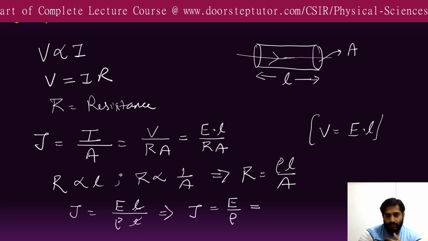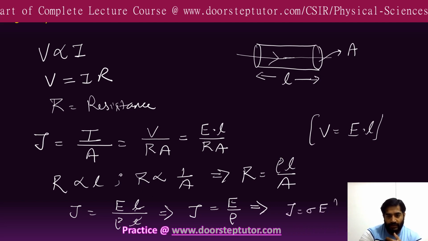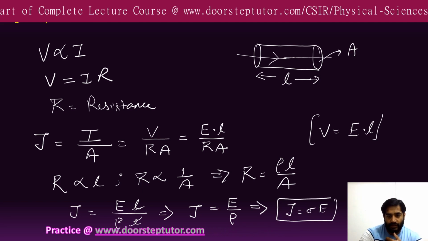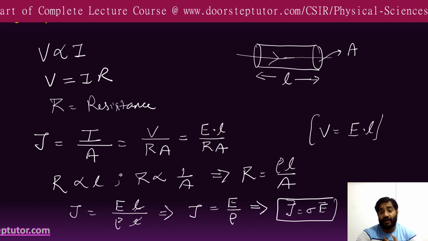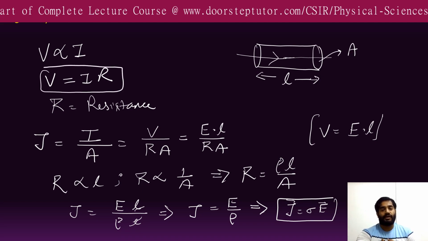So J is equal to sigma E, and this is what we call Ohm's law. This is also Ohm's law in vector form. So whenever we talk about Ohm's law in vector form, J is equal to sigma E, whereas simple Ohm's law is V equals to IR.